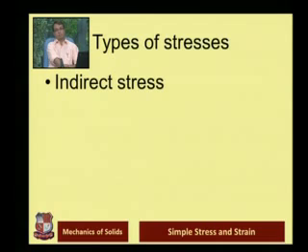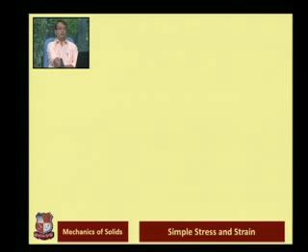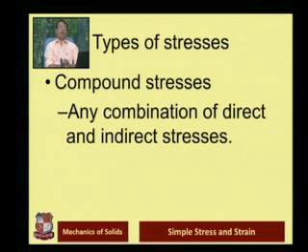Indirect stresses. If direct stresses are there, then there will definitely be some stresses which are indirect. So indirect stresses are bending, that is you can bend the material, and torsion, that is known as twisting. Apart from that, what we may have is the compound stresses, that is any combination of direct and indirect stresses.